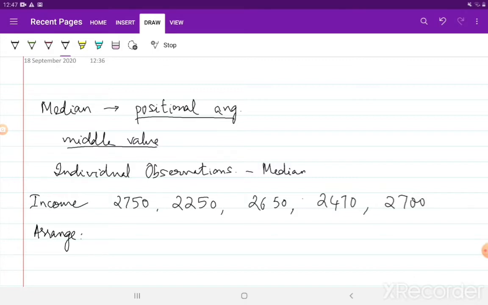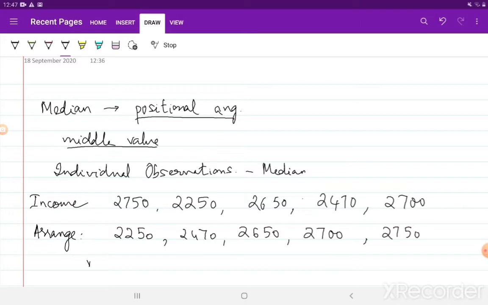So here I can write this as 2250, 2470, 2650, 2700 and 2750. You can arrange it in ascending or descending order, you will get the same answer.